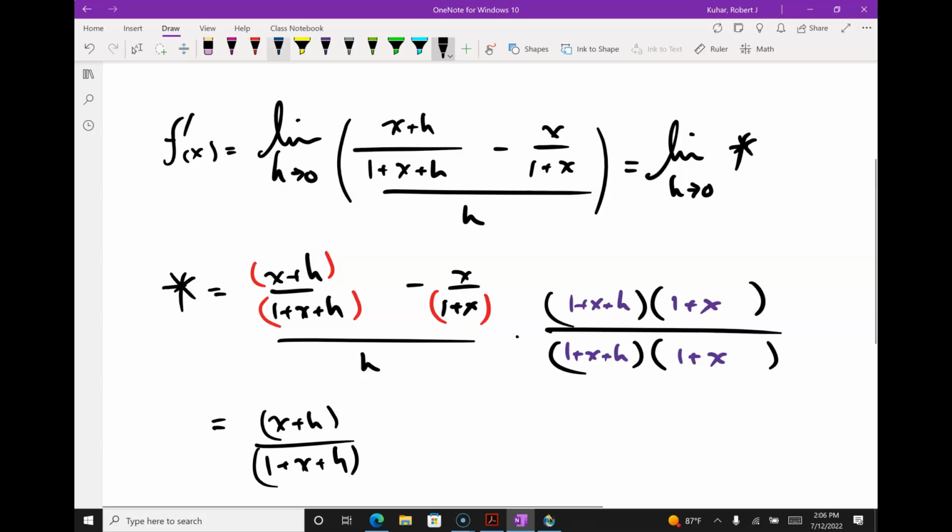I'm trying to keep my colors together so that I can clearly show you that I'm distributing into the numerator here.